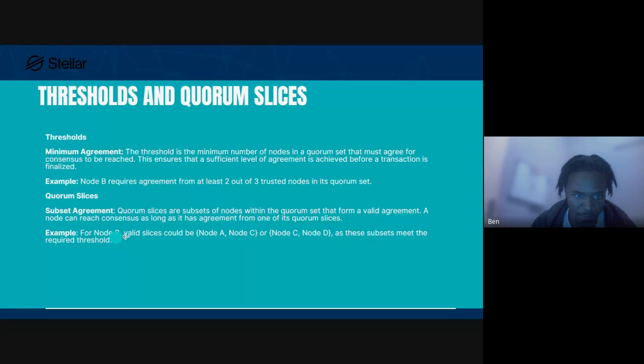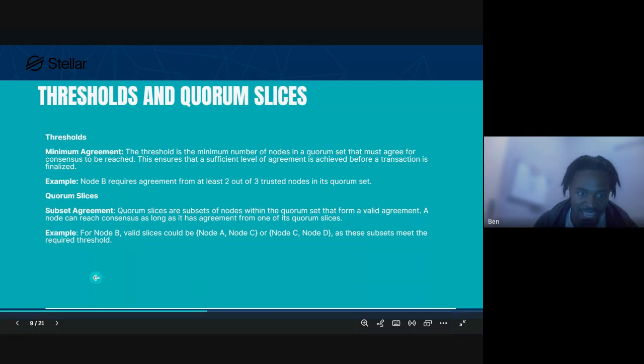So I'm just going to read it. Example: for node B, valid slices could be node A and node C, or node C and node D, as these subsets meet the required threshold. So you have to know how to differentiate between the two. The threshold is just the minimum number of nodes in the quorum set that must agree for a consensus to be reached, but a quorum slice is the subset of nodes.